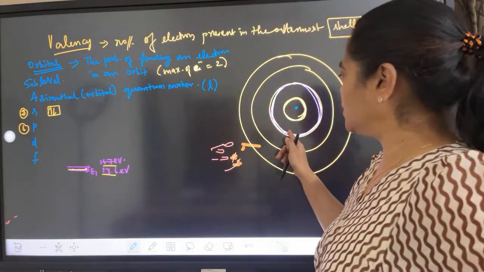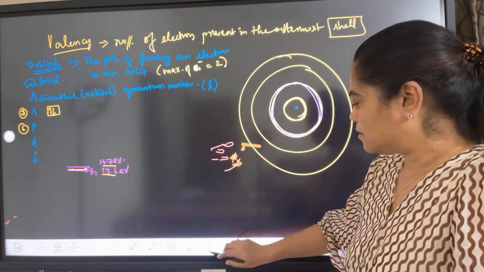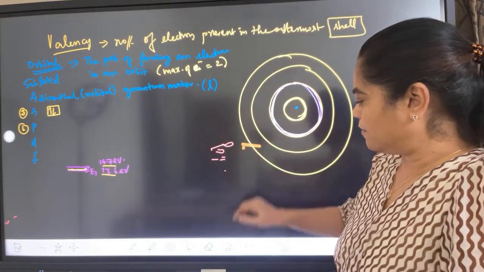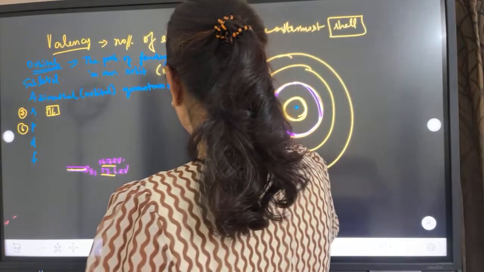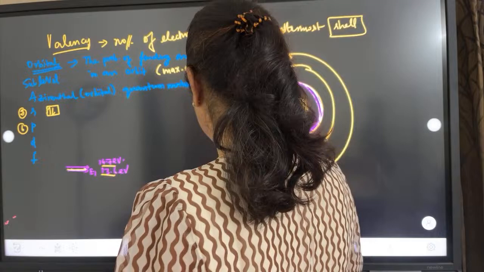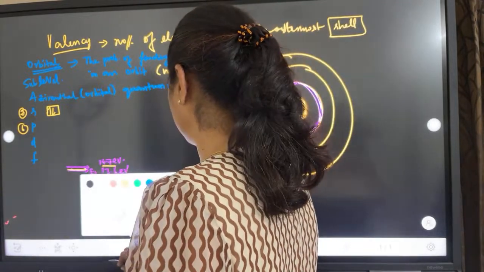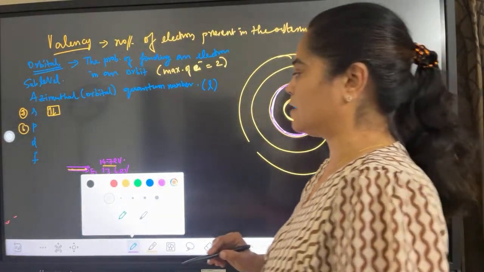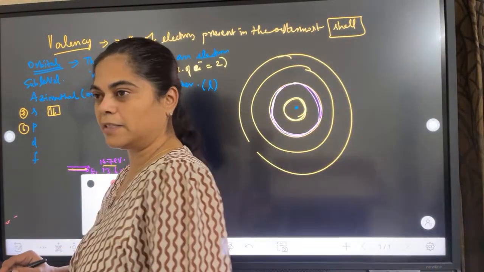So what about this P level? How many electrons can be accommodated in the P level? I said 6 electrons.